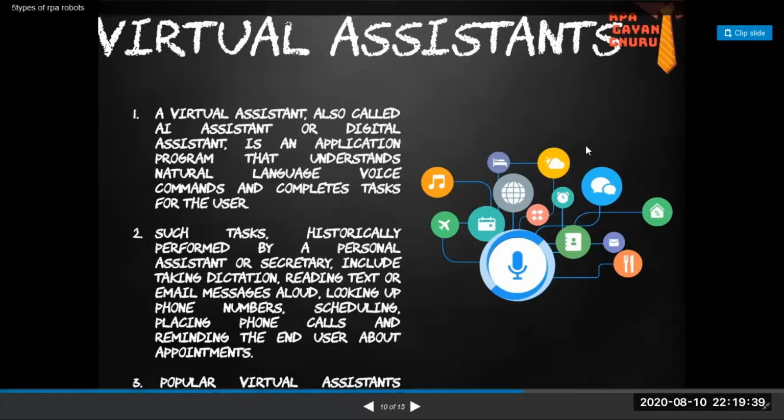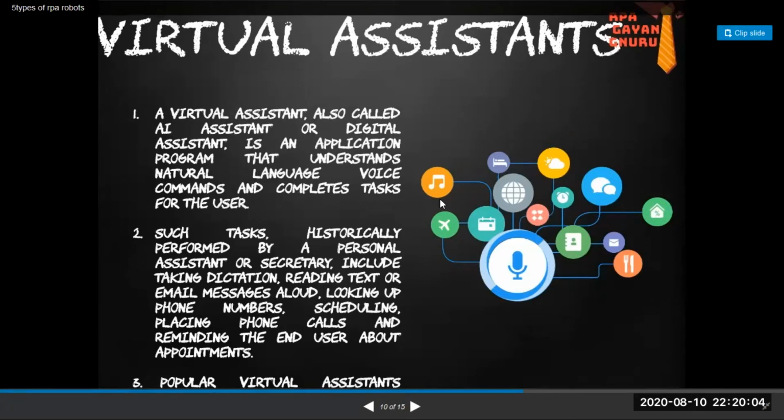So you have this diagram here which shows all the things that a virtual assistant can do. It can play music, it can book flight tickets, schedule things, maybe even chat with you, book a hotel or restaurant for you, wake you up, call your contacts, tell you about the weather.